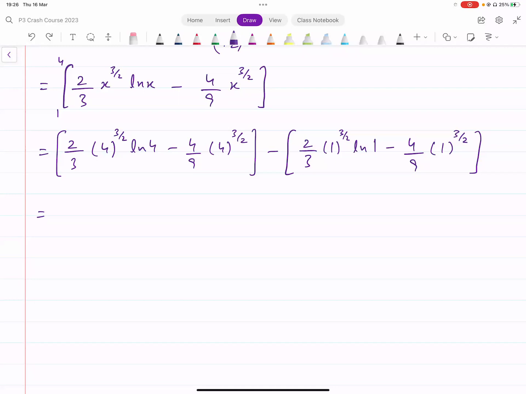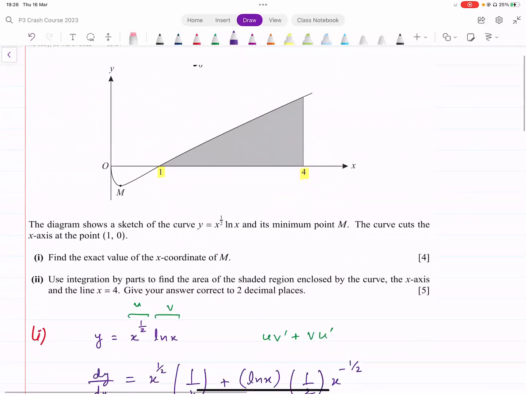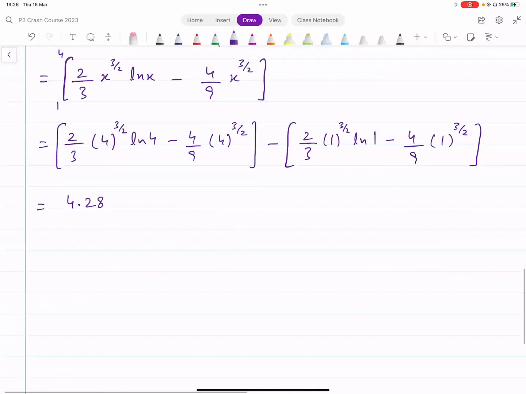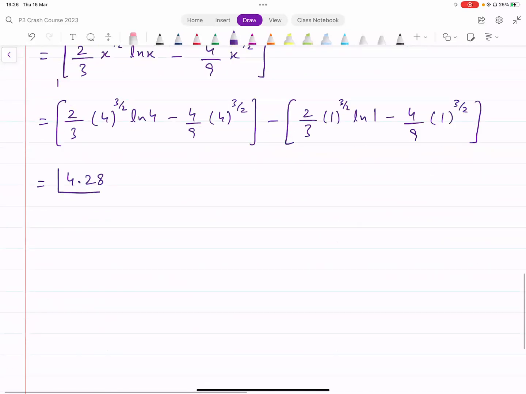And that is giving me 4.2825. So in this case, it says in the question that you have to write your answer to 2 decimal places. You have to make sure that you follow that instruction as it is. 2 decimal places would be 4.28, and that's your final answer.